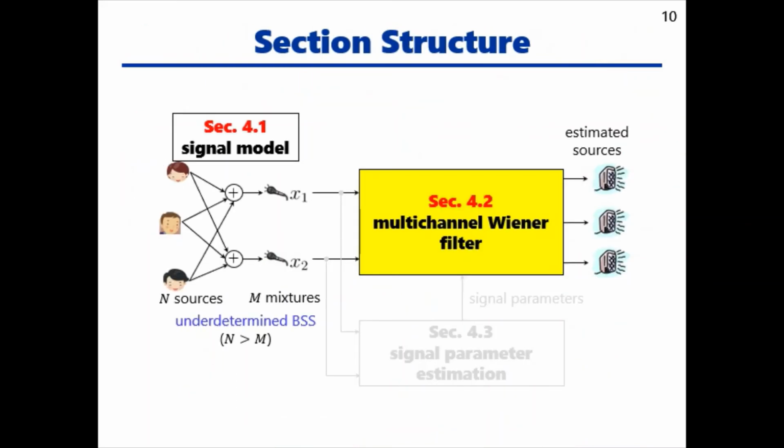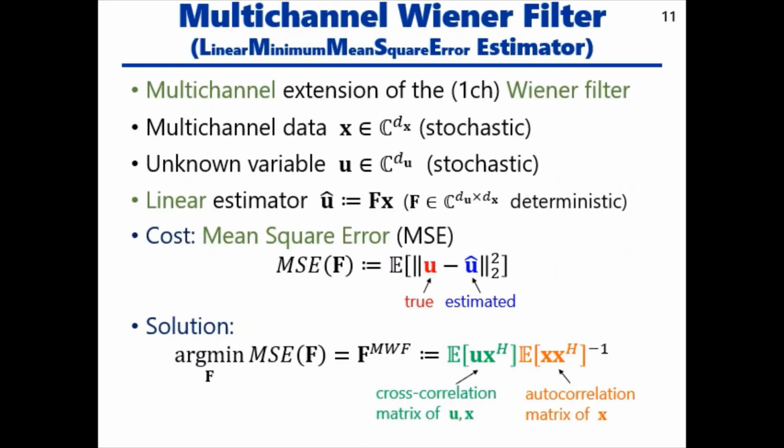Now we move on to section 4.2, the multi-channel Wiener filter. The multi-channel Wiener filter is a multi-channel extension of the well-known Wiener filter. Suppose we are given multi-channel data X, which is a complex-valued stochastic vector of dimension d_x.